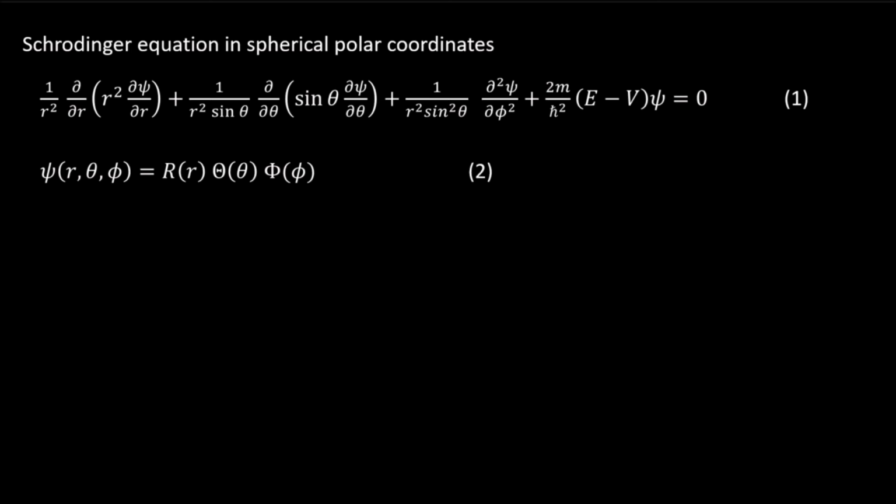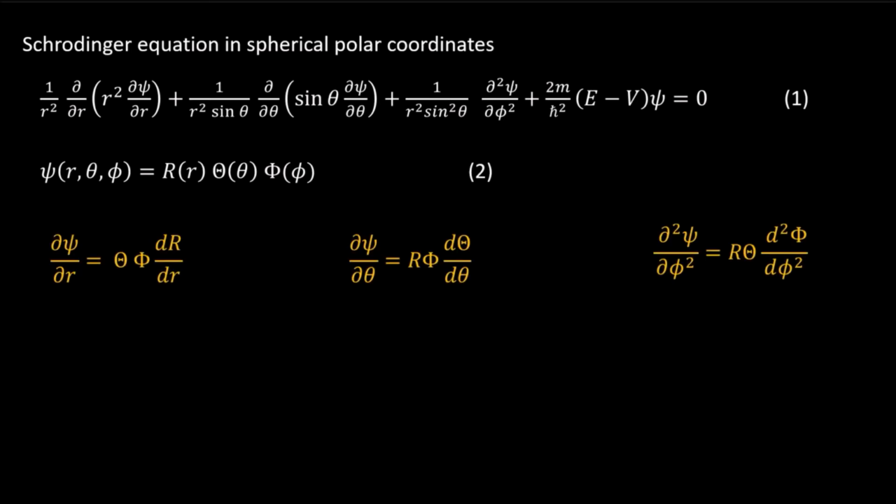With this equation 2, various partial derivatives become complete derivatives. Instead of the partial derivative of psi with respect to r, we can write it as the complete derivative of capital R with respect to r, keeping the other two constant, because these two are not dependent on the variable r.